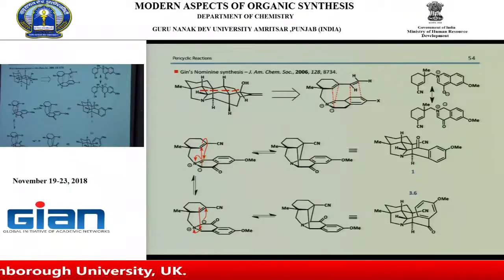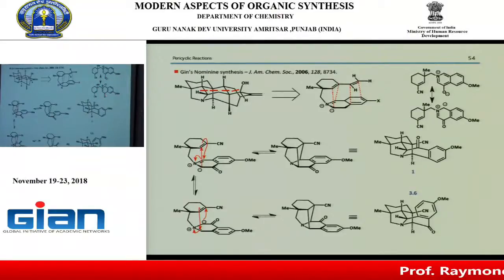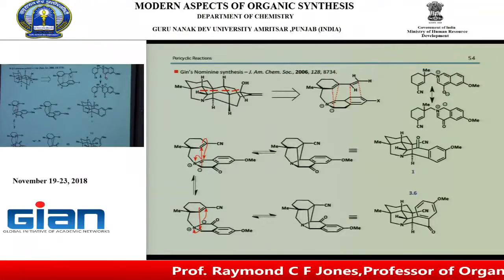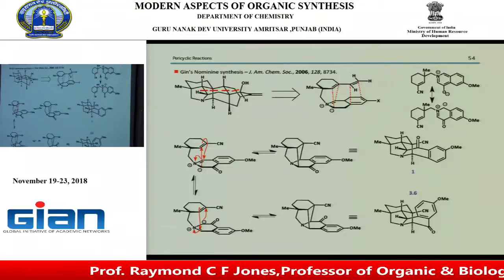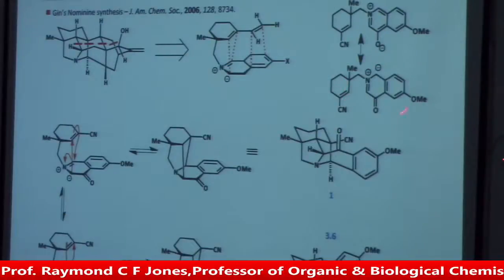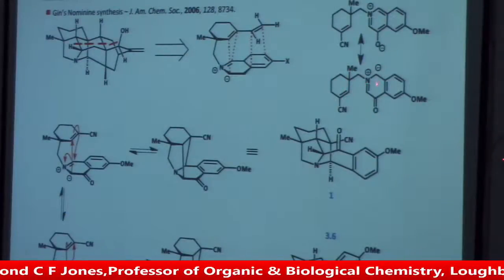And that doesn't look like a 1,3 dipole until you draw a different resonance form of it. So until you think of this oxygen in a carbonyl form, push these electrons from the oxygen up to the top here, then if you could make something like this, it should behave like a 1,3 dipole.